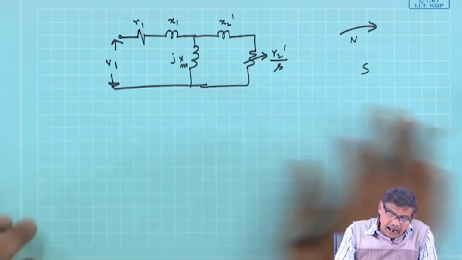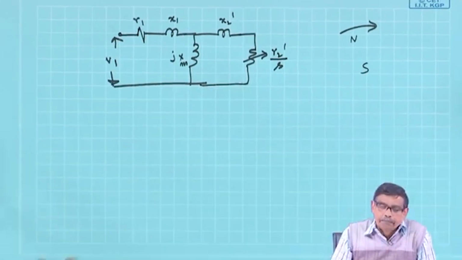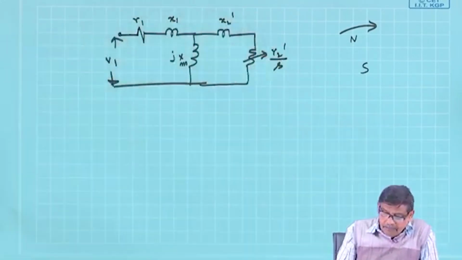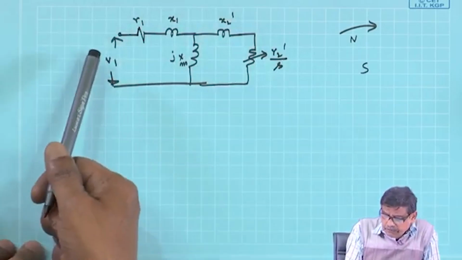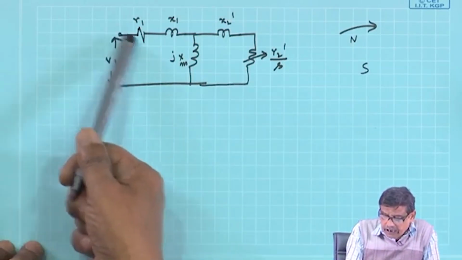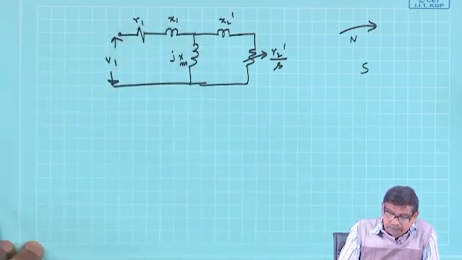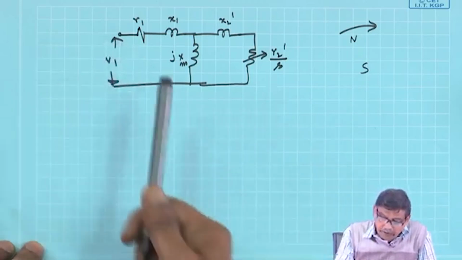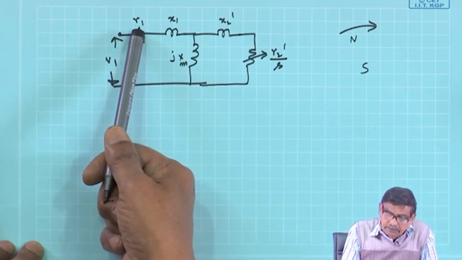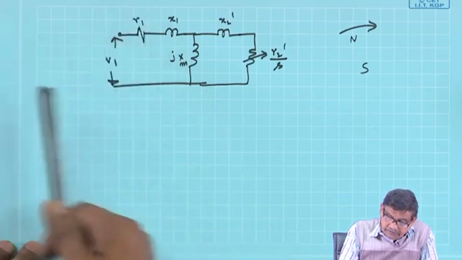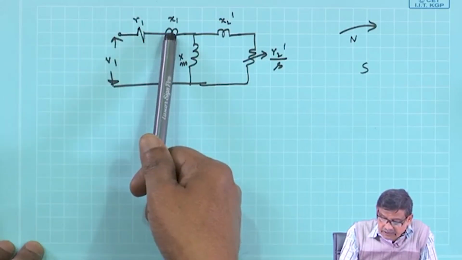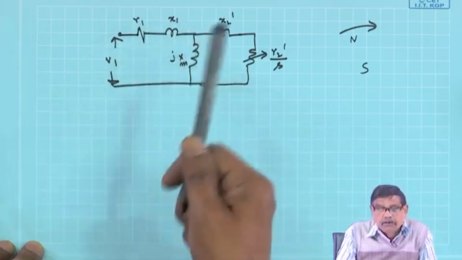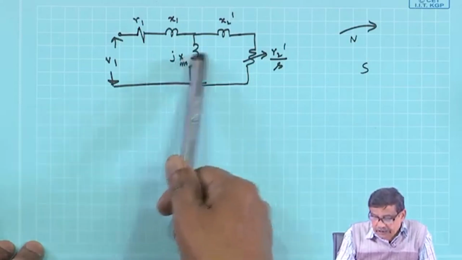Now, before that I want to tell you one thing about this equivalent circuit. This is the per phase equivalent circuit, and there is some real power input. Out of that real power, some power will be lost in the resistance R1 on the stator. On the stator there are only reactances here, no power loss; the rest of the power I called air gap power, which enters into the rotor.